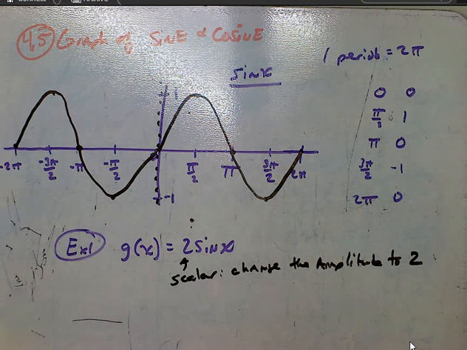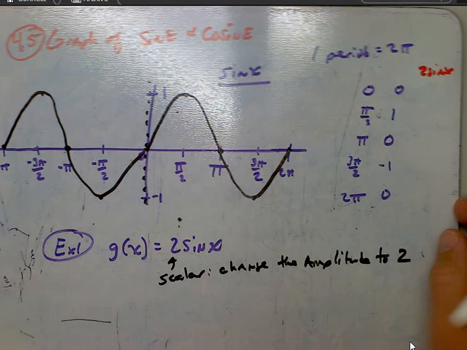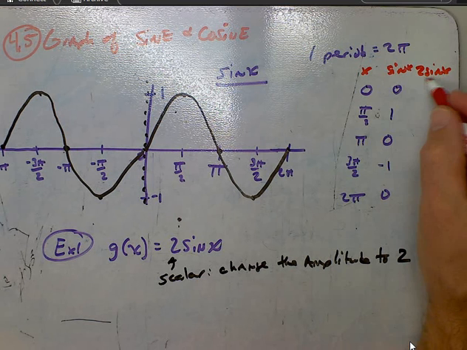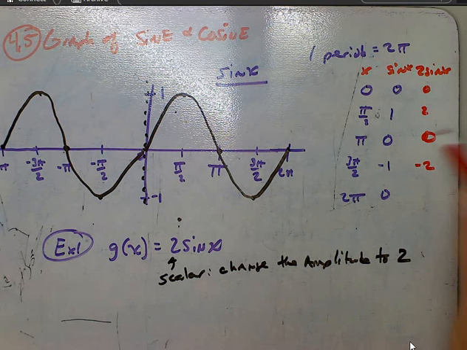I'm going to do it in red. If I multiply all these numbers here by 2, the period is still 2 pi, but 2 sine x, this is sine x, this is x, so 2 times 0 is 0, 2 times 1 is 2, 2 times 0 is 0, 2 times -1 is -2, 2 times 0 is 0, so this spot stays the same.